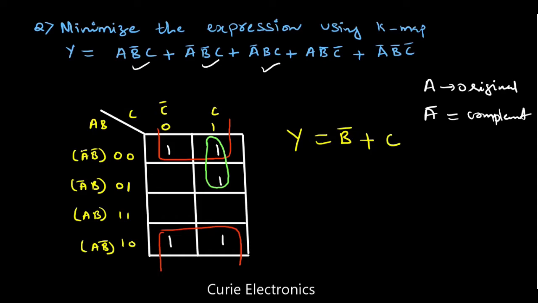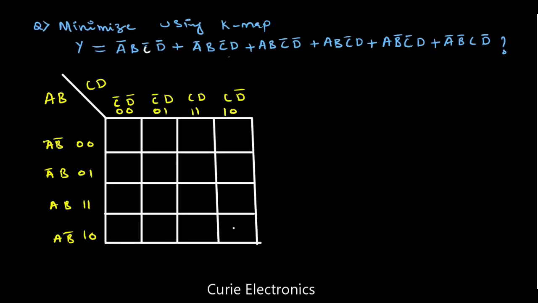When you take these 2 rows, B and B bar original form and complemented form will cancel, but only A bar is there in both the rows. So it is C A bar. This is how we simplify it.